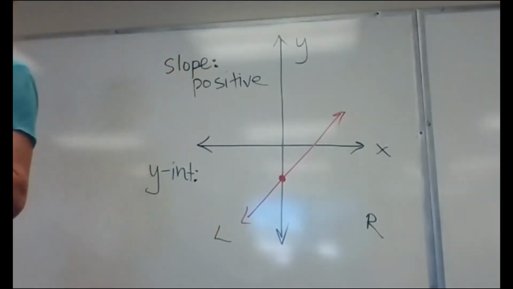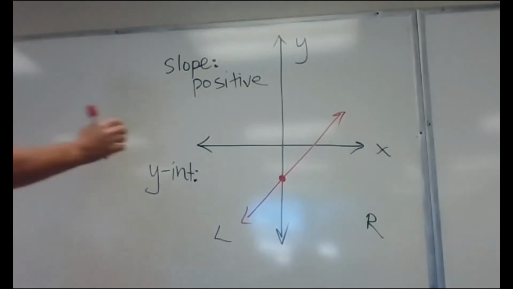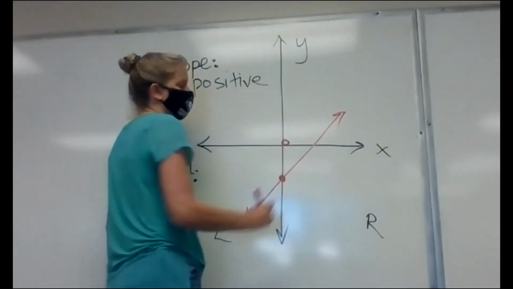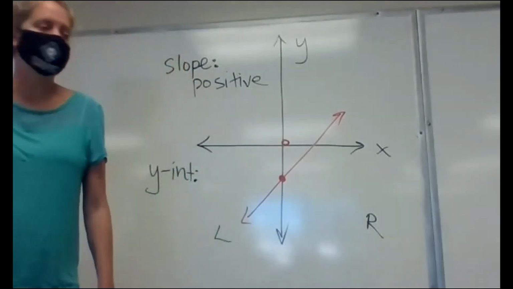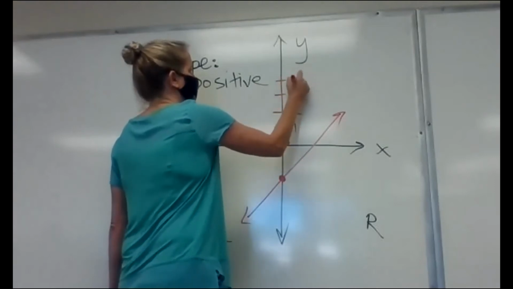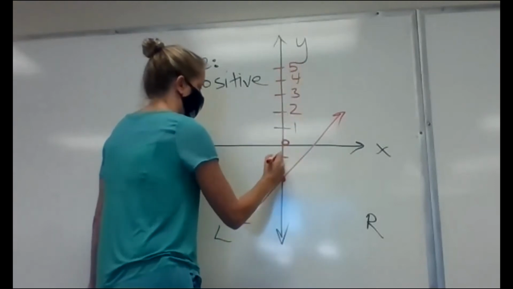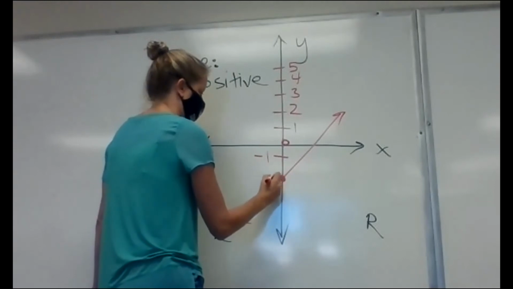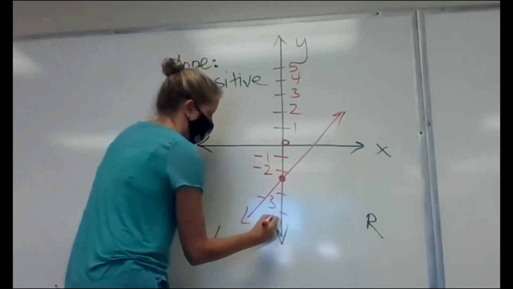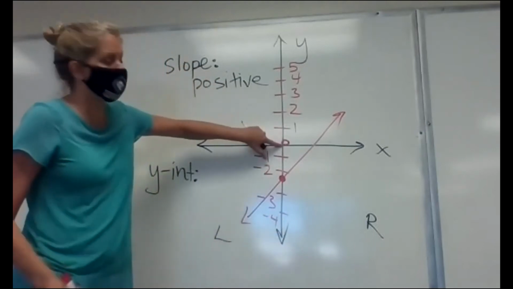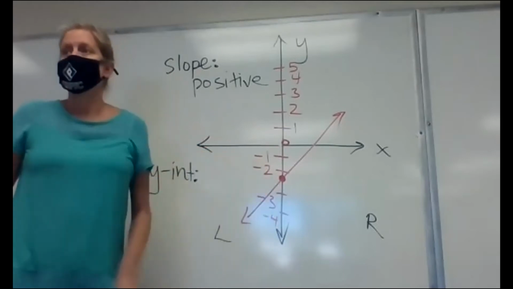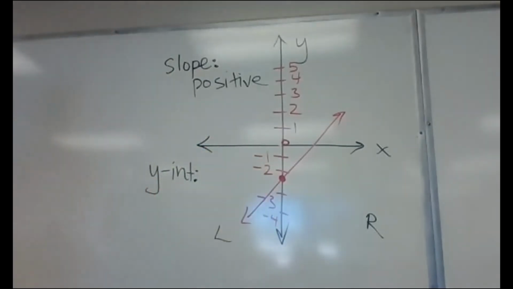So let's talk about what makes it positive or negative. When you're talking about the y-axis, this point right here is where 0 is, right in the middle. These numbers are going up. Then below it, it goes down, which means if it's below this point right here, that y-intercept is going to be a negative number, right?